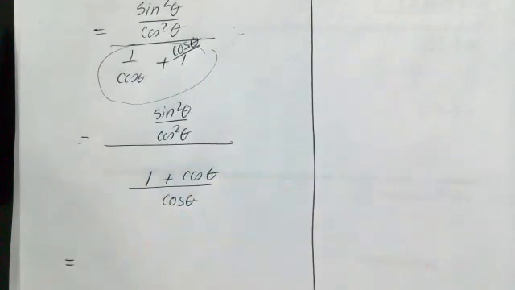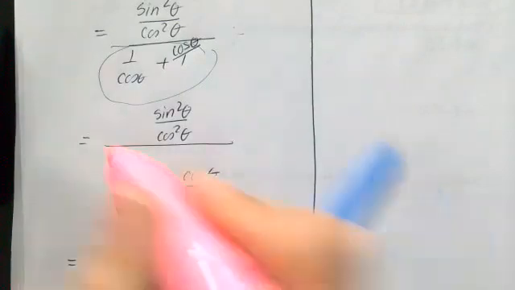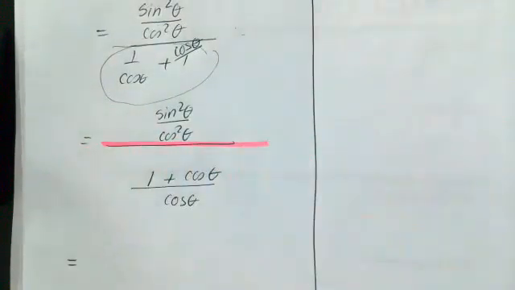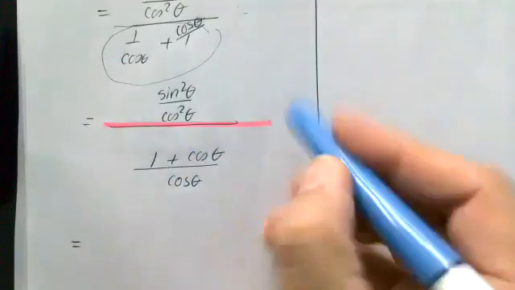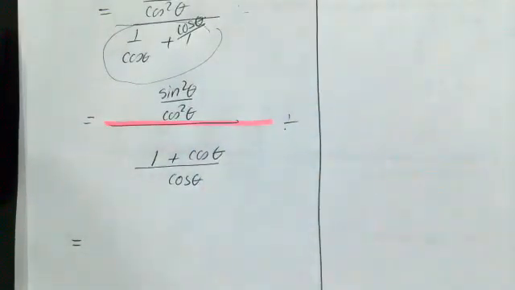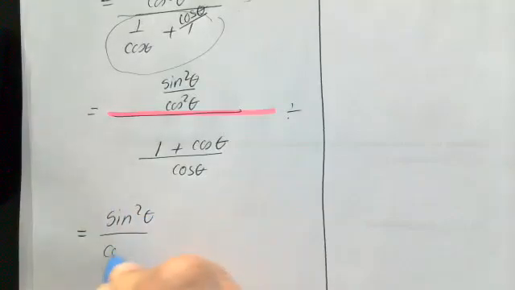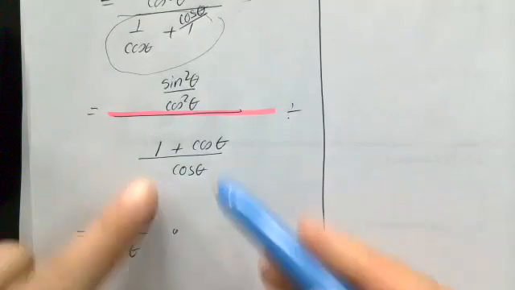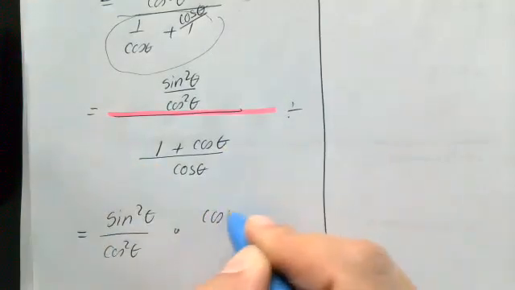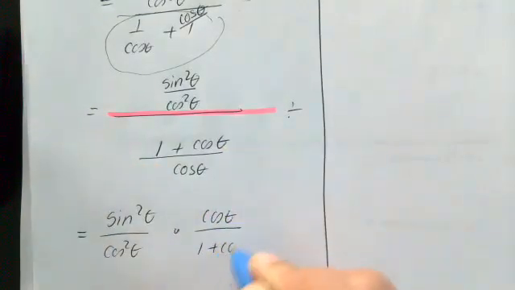Now this main fraction line means divide. So we have sine squared theta over cos squared theta times the reciprocal of it, cos of theta over 1 plus cos theta.